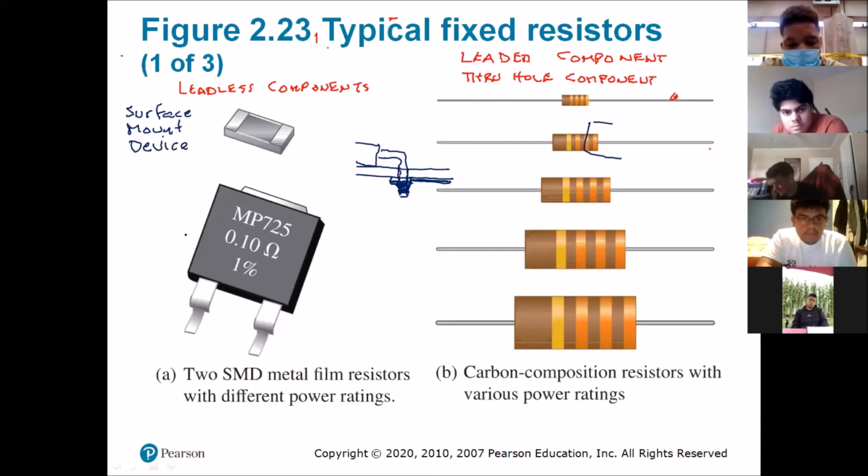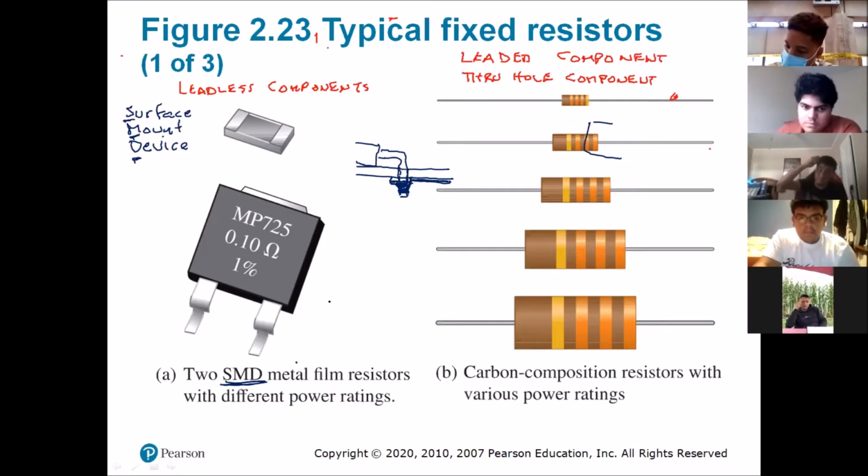One of the things you're going to learn about the field you're going into, the field of electronics, is that it's acronym city. You already learned an acronym today, RTFM. Surface mount device, you'll look down here and you'll see SMD. SMD stands for surface mount device.